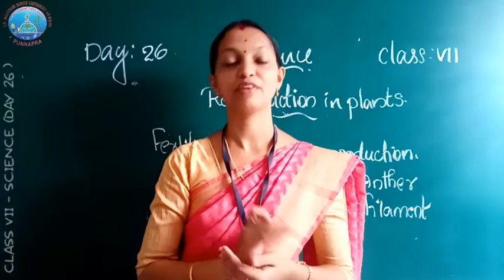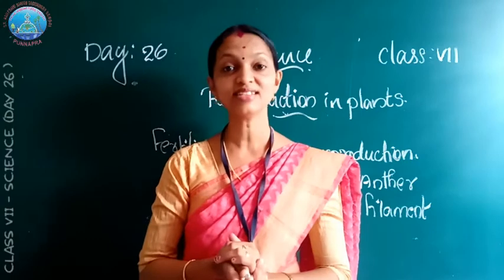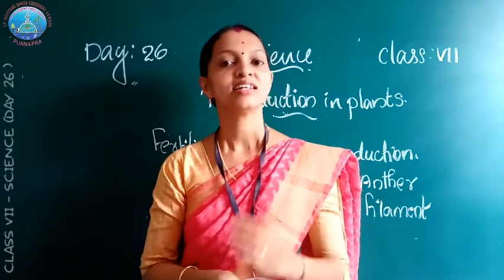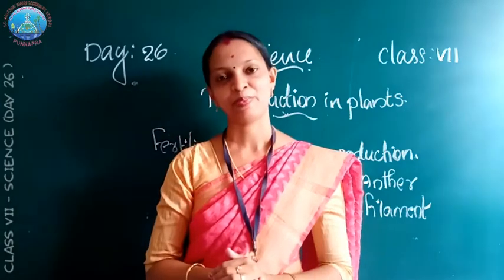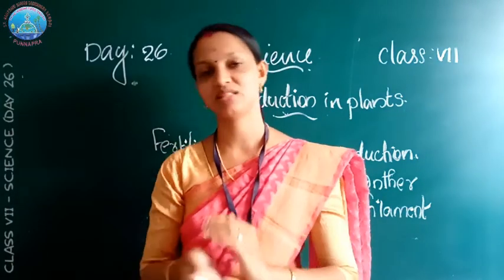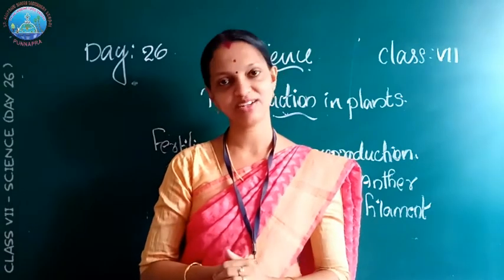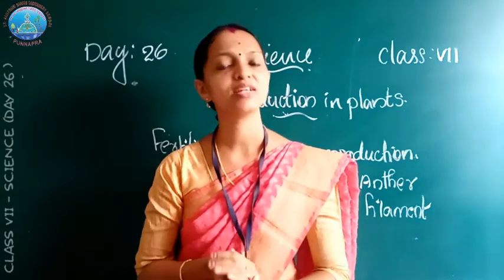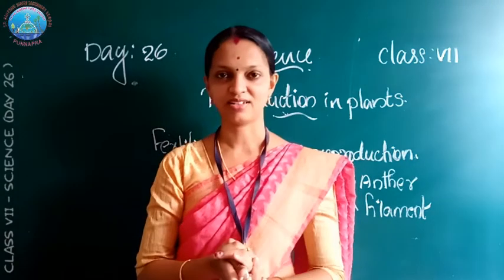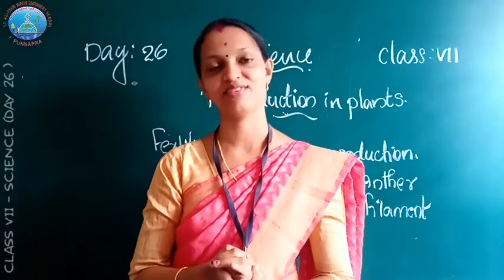The process of fusion of male and female gametes together to form a zygote is the fertilization process. Flowers which contain either stamen or pistil are called unisexual flowers, and flowers which contain both male and female reproductive parts are called bisexual flowers.